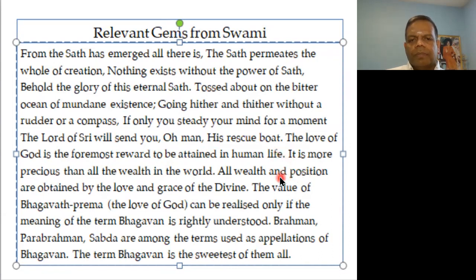The love of God is the foremost reward to be attained in human life. It is more precious than all the wealth in the world. All wealth and position are obtained by the love and grace of the divine.